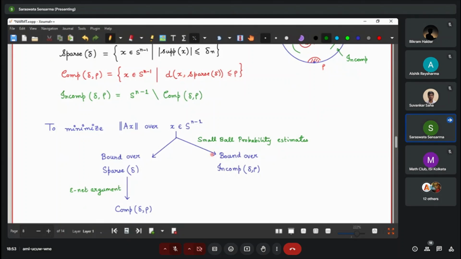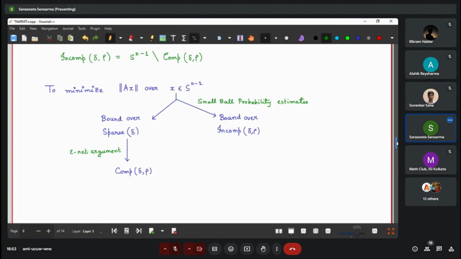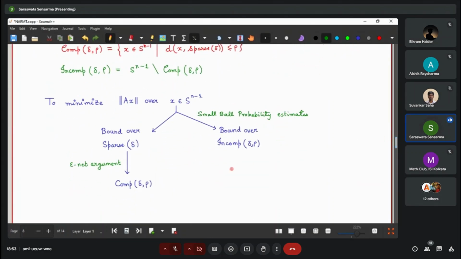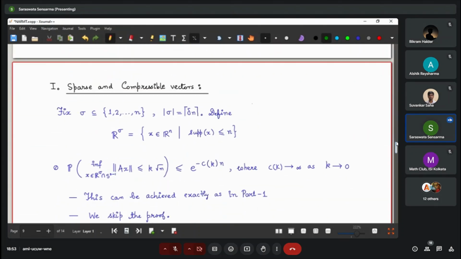And finally, the proof for incompressible vectors will be a much more complicated, a lot more involved issue. We'll get to that soon enough. Any questions regarding the approach? No? Okay, so let's go to the first part, dealing with sparse vectors.